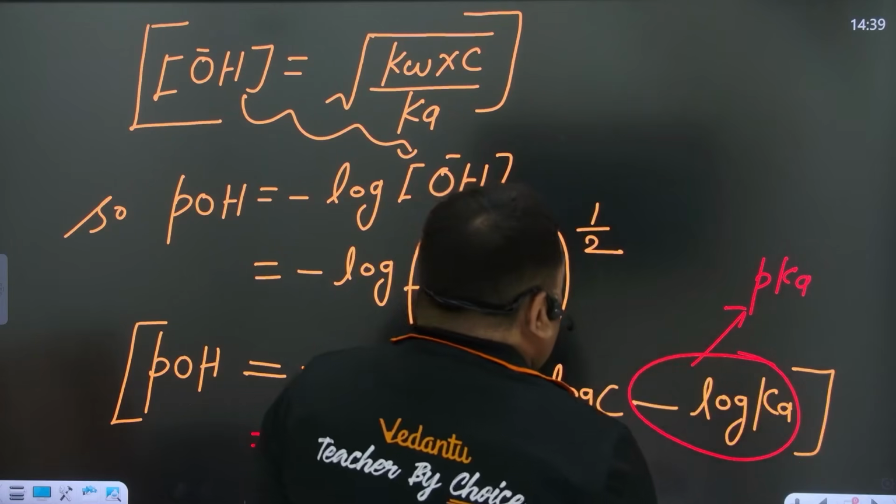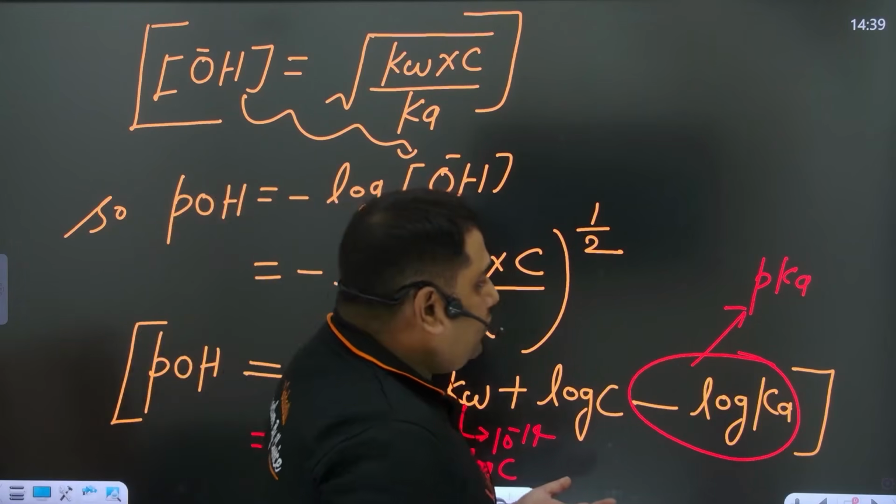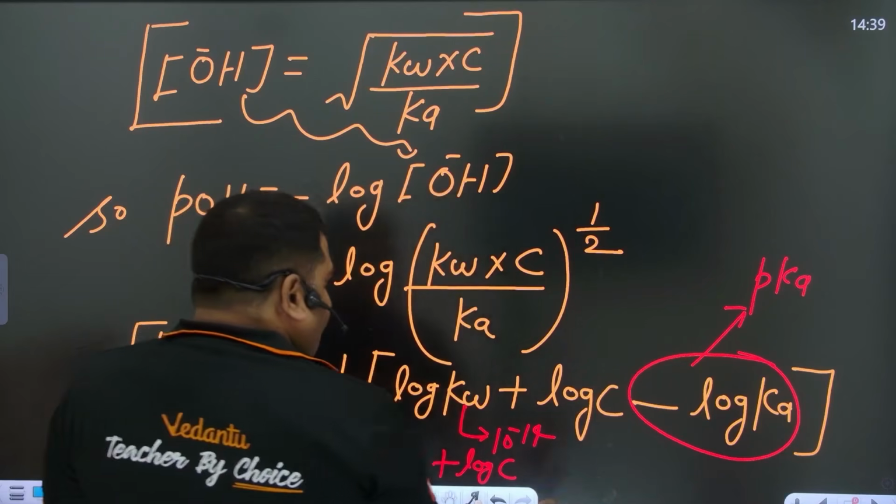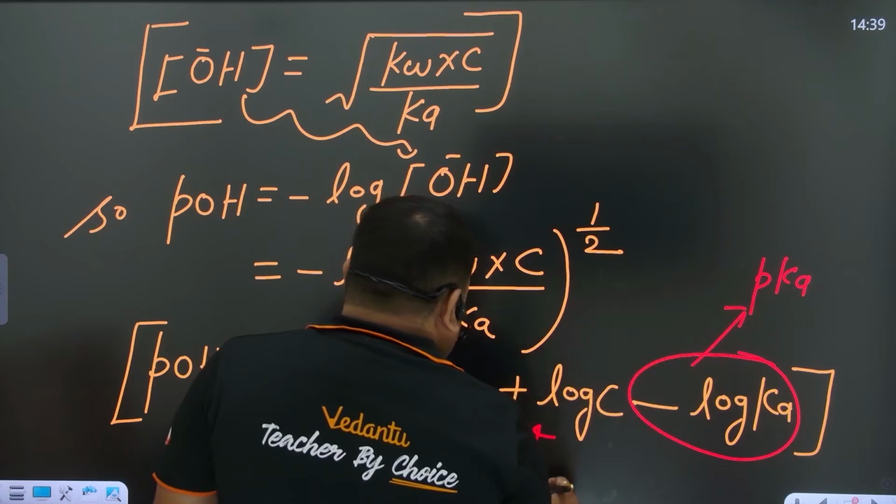Minus log Ka is equal to pKa, because pKa is equal to minus log Ka. So you put this value pKa.